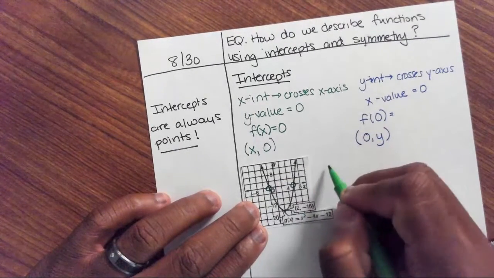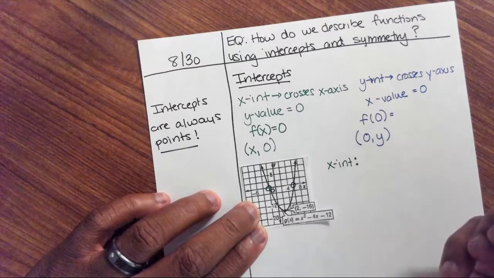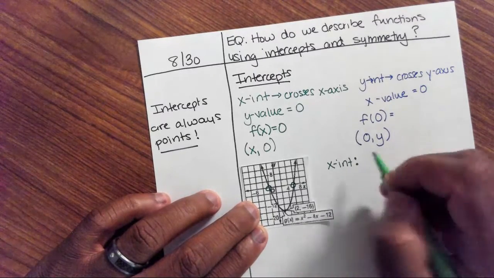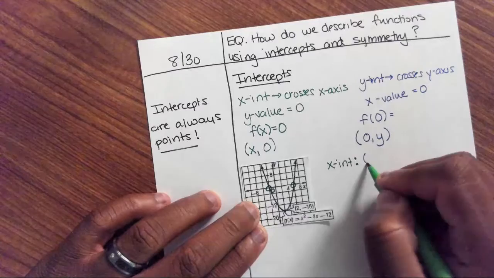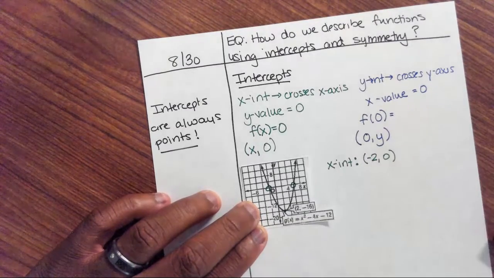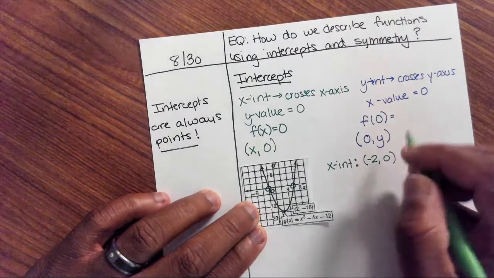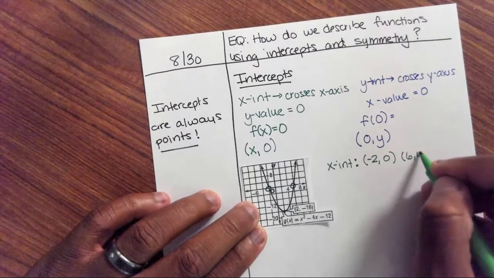So when I ask you for the X-intercept here, what is the X-intercept of this graph? One X-intercept would be what? -2, 0, as a point, remember? What's the other X-intercept? 6, 0.